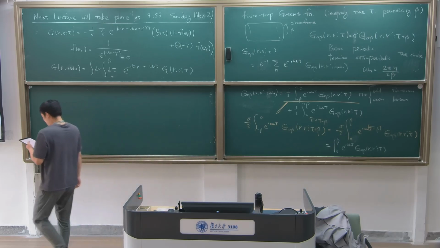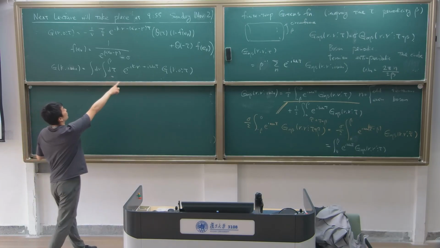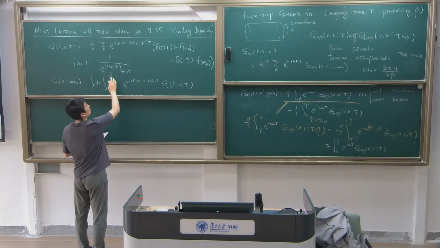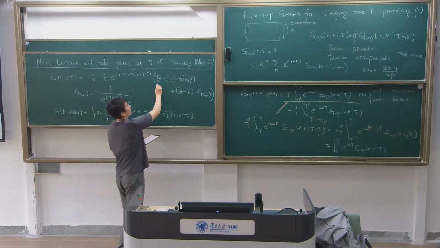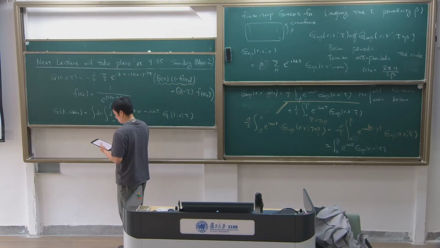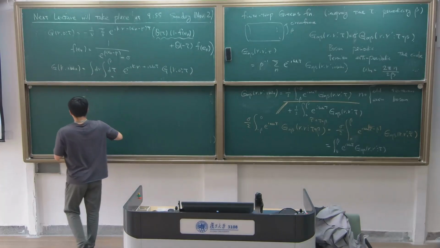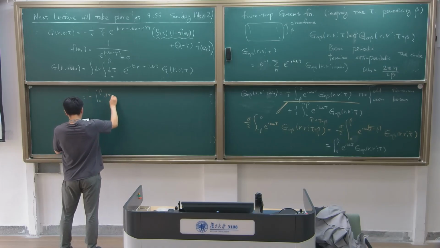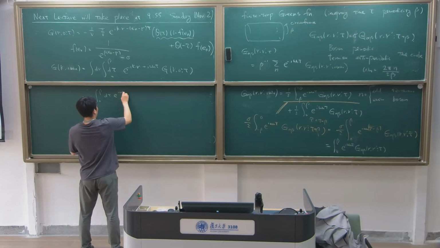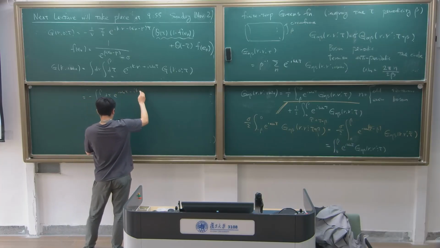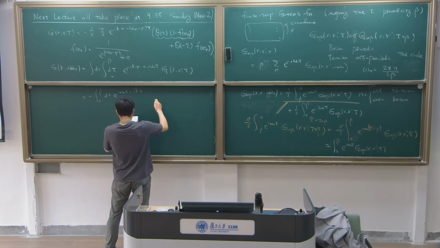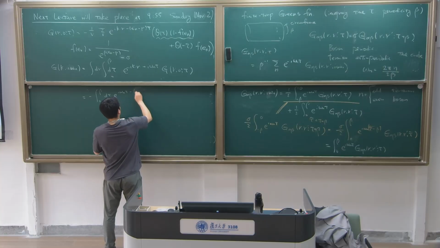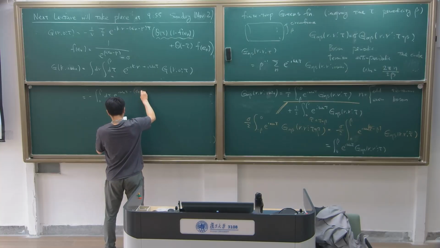Okay. And plug this one into here, what you did in the previous. So if this integral is from 0 to beta, the relevant part is always the first one. So this is giving the integral from 0 to beta of d tau e to the i omega n tau.